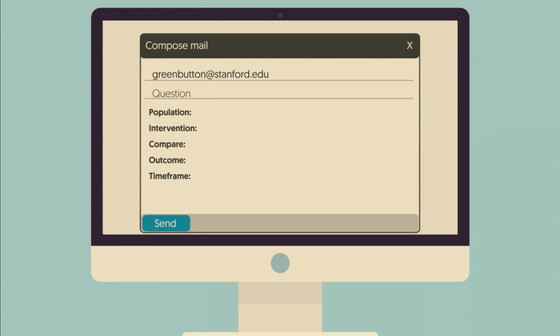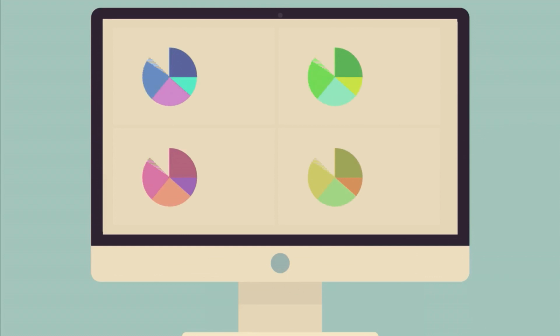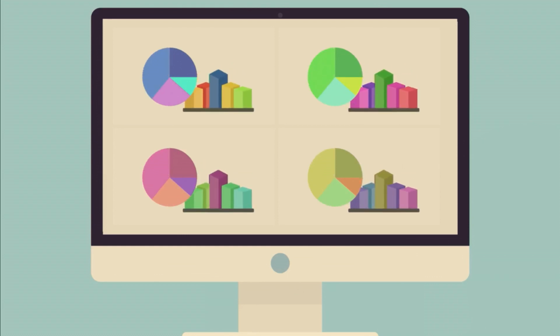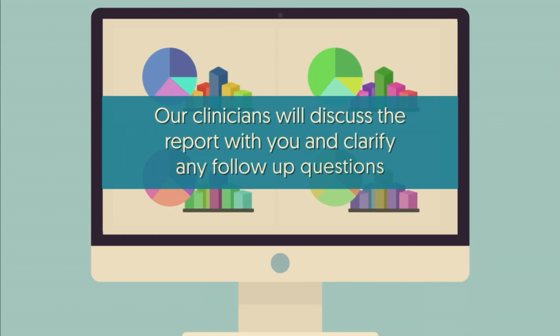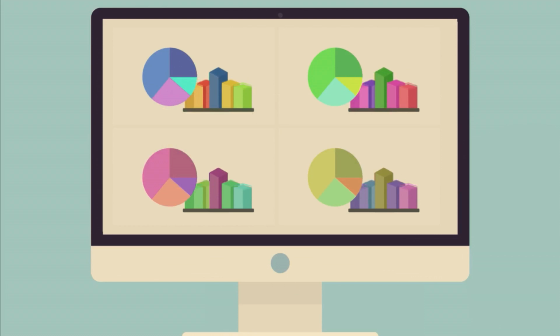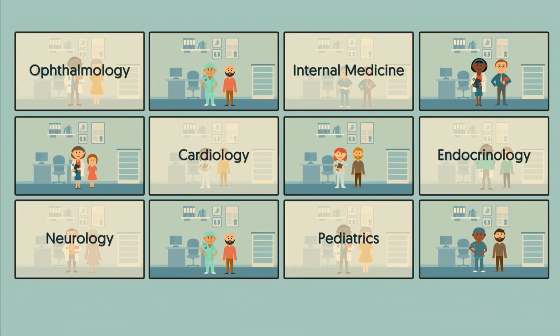Once we receive the consult question, one of our clinicians will work with you to refine the question. Our team will then perform the analysis and generate a report with an interpretation of what the results mean for your patient. Our clinicians will discuss the report with you and clarify any follow-up questions. Our service has already been used to answer diverse questions across multiple subspecialties.